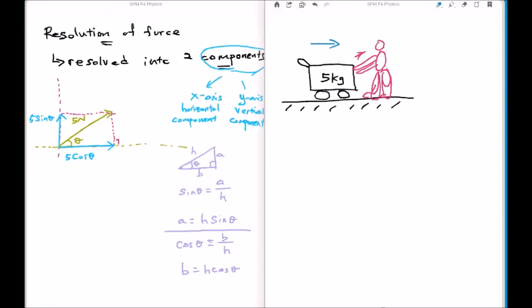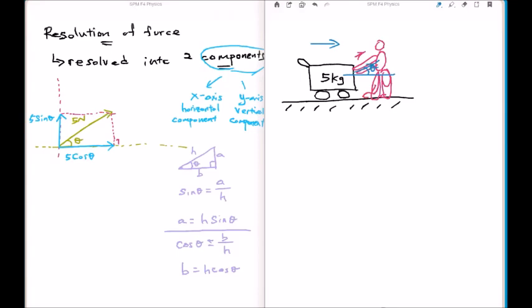Now, if you know your height, if you know the length of your hand, then definitely you will have an angle. So if you transfer it into a diagram, this is the angle theta. This is the direction of force.